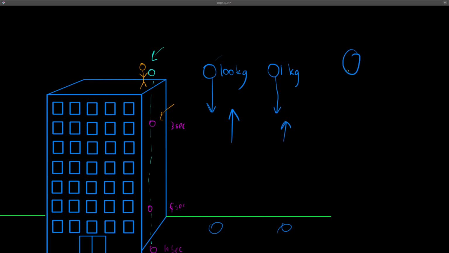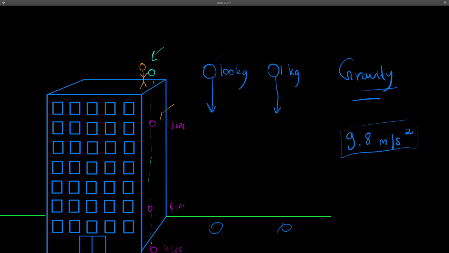Since this ball is in the air and there are no forces pushing it back, the ball will simply fall at the standard rate of gravity's constant. Gravity's constant is 9.8 meters per second squared, and this is on Earth only. On the moon, for example, it would be something like 2 meters per second squared. But on Earth, the ball would fall at a constant rate of 9.8 meters per second squared.